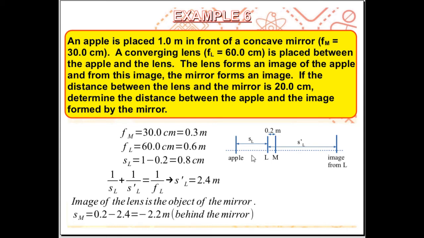That means this is our distance SL. SL is just 1 minus 0.2. That will give you 0.8 meters. So this is wrong. This is not centimeters. This should be meters. 1 meter minus 0.2 meters is equal to 0.8 meters. Not 0.8 centimeters, but 0.8 meters.